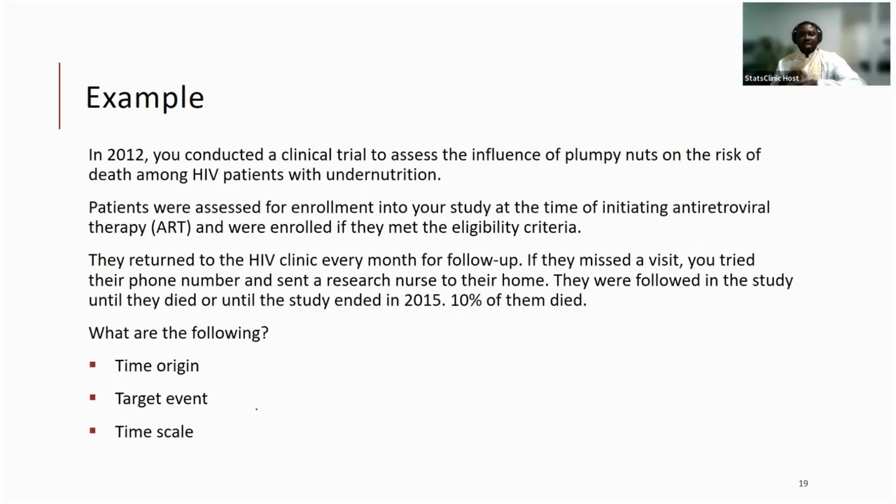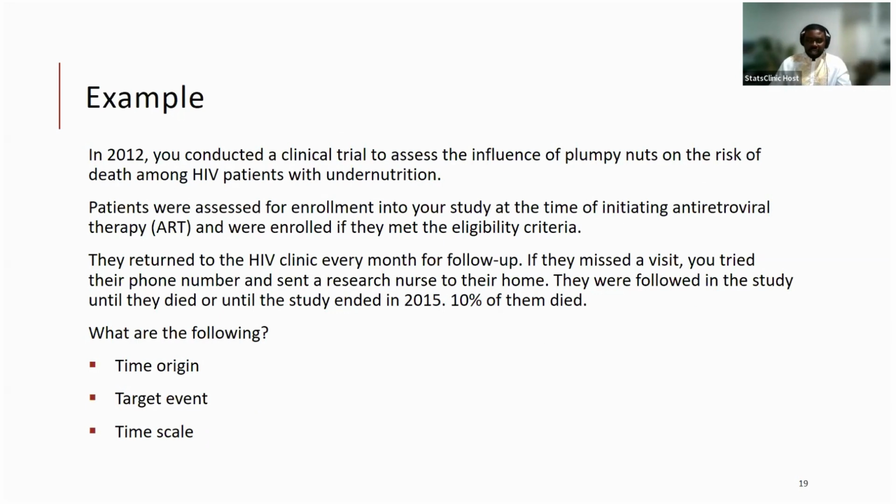In 2012, you conducted a clinical trial to assess the influence of plumpy nuts. I don't know if you know plumpy nuts. It's a paste kind of food item that is used to treat malnutrition. If you work in emergency situations where a lot of people are developing malnutrition, you have plumpy nuts administered.